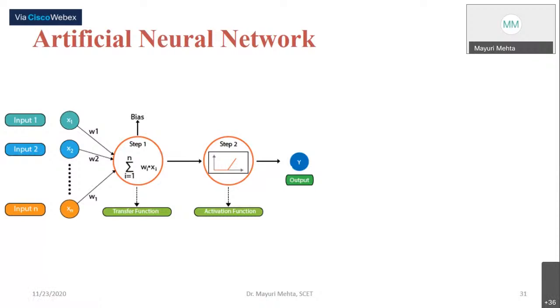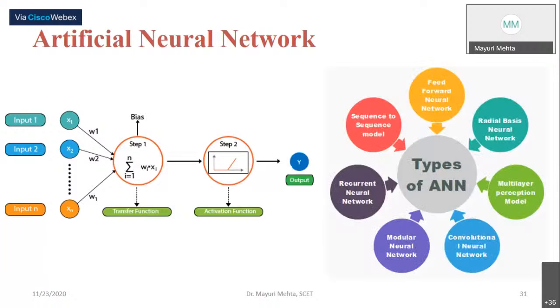And these ANNs are part of an emerging area in machine learning known as deep learning. I don't know whether you have got information on deep learning or not, but they are a central part of deep learning algorithms.